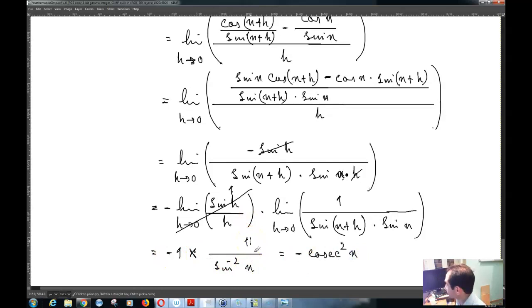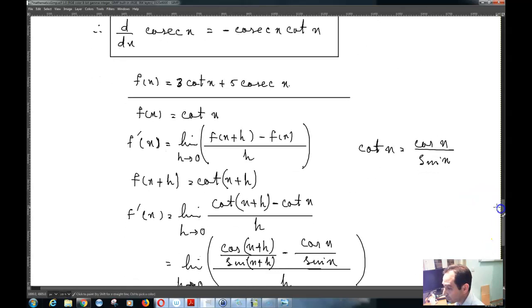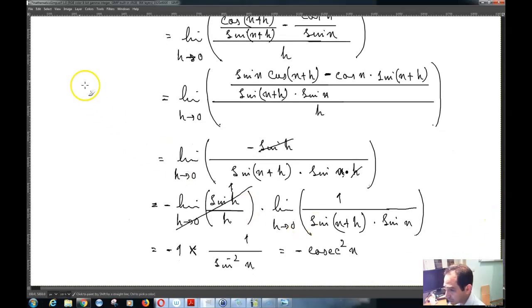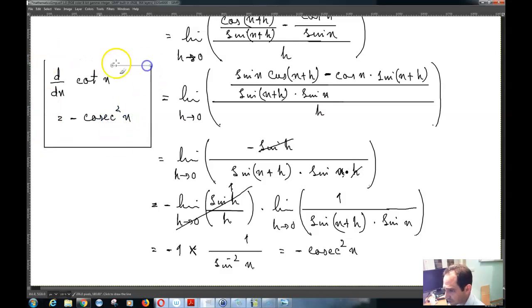So that means that the derivative of cot x, d by dx of cot x, is equal to negative cosecant squared x. That is basically this part, and now we can use it in our result.